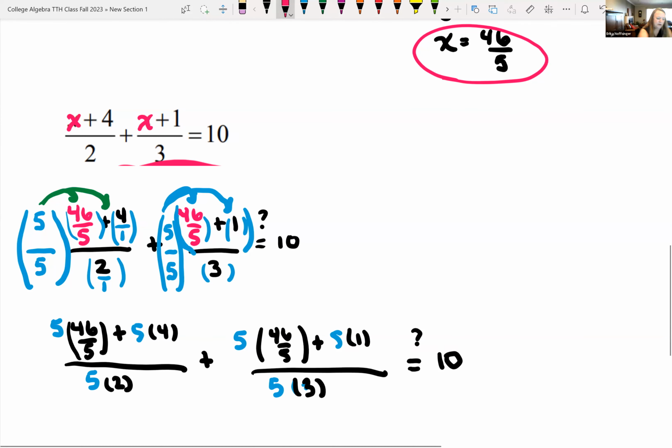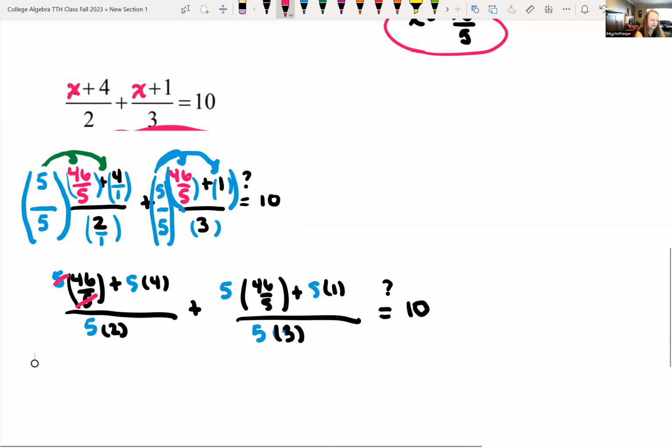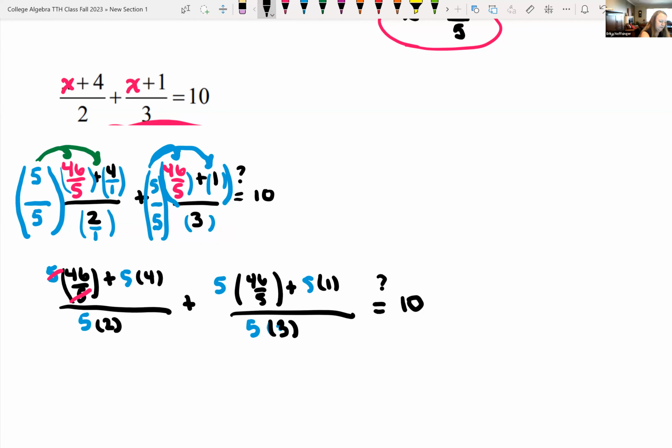Okay, so we multiplied by that fancy one, the LCD of all the terms within the complex fraction, so that our fractions within the fraction will cancel. Notice this 5 times 46/5, the 5s cancel. So all you're left with for that piece is 46. Plus, we have 5 times 4, which is 20, all over our denominator, 5 times 2, which is 10.